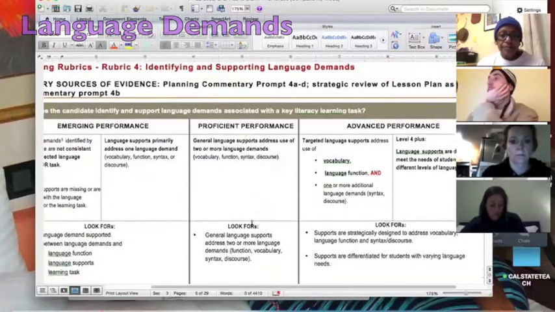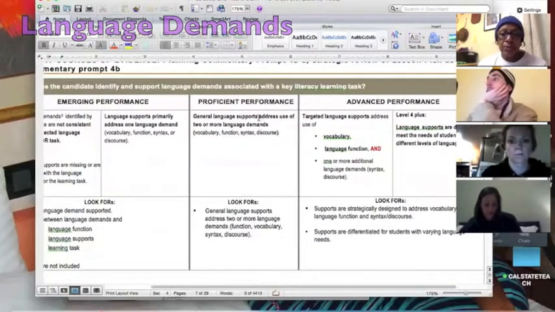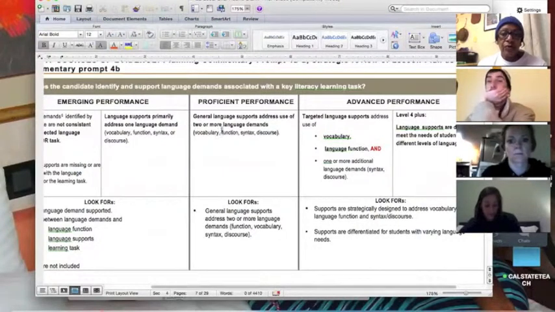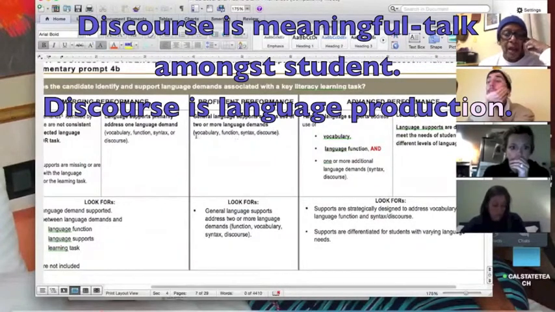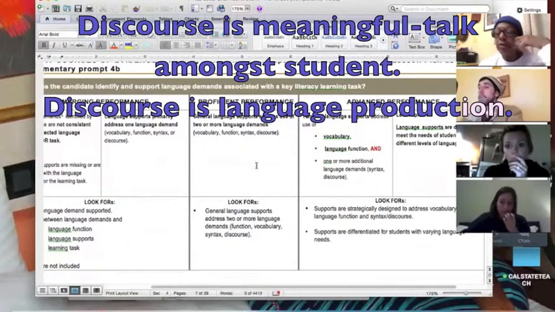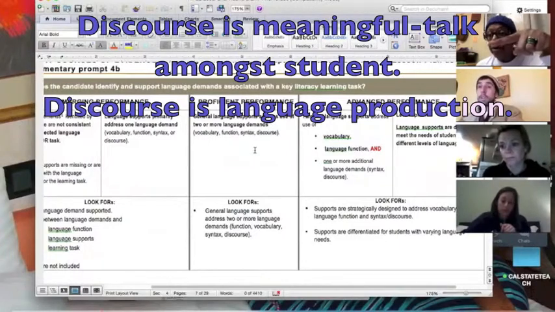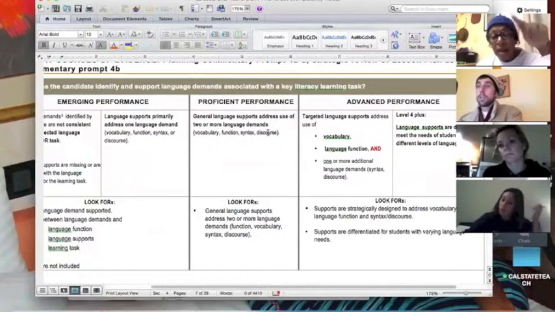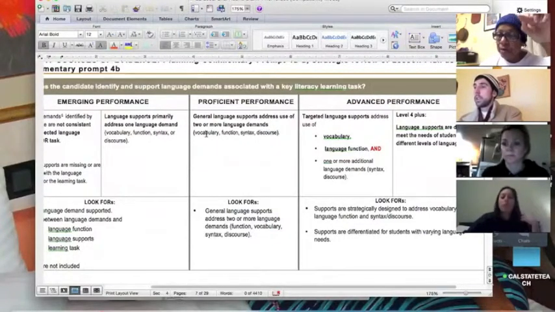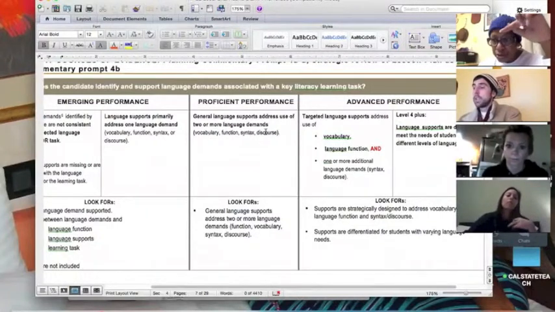This one, it says general language supports address use 2 or more language demands. You see vocabulary, function, syntax, and discourse. That means that if you ask the kids to pair share, all right, you use discourse. If you ask the kids to talk about the vocabulary in that discourse, you use 2 of those.